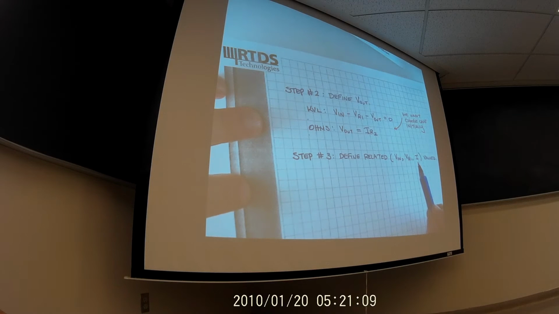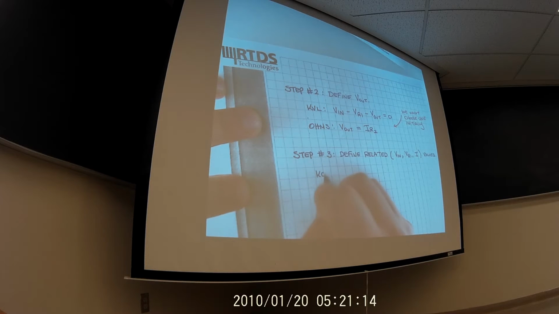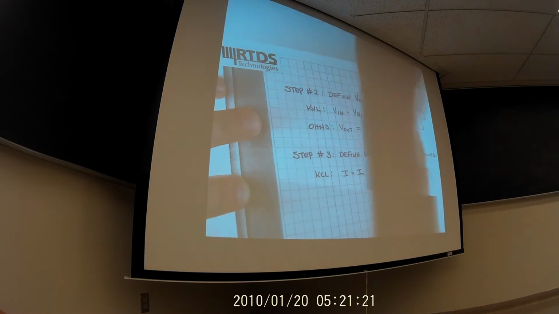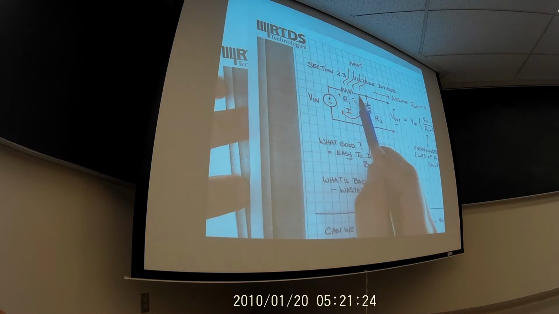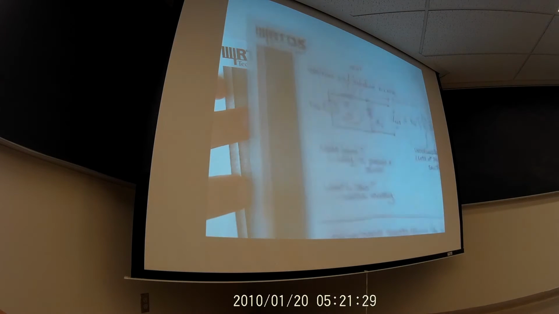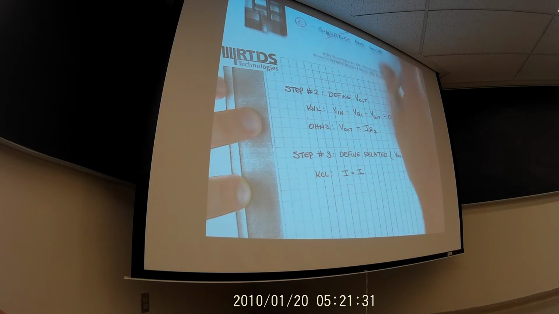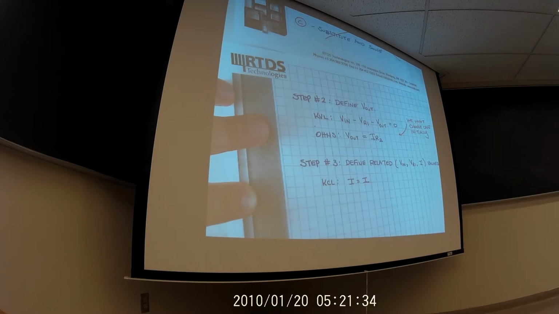I is going to be a little bit difficult to define because really KCL will give us sort of this self-defining relationship. It will simply just say that I equals I in any node, right? Because you can apply KCL here, and you know the I coming in is equal to the I leaving, so you're not really getting too much out of it. We could also try Ohm's law. Okay, we've already used Ohm's law up here for V out, but there's another one that we could use for VR2 or VR1.